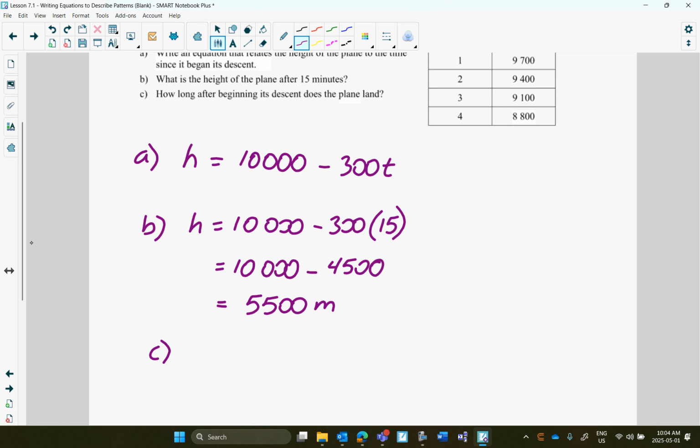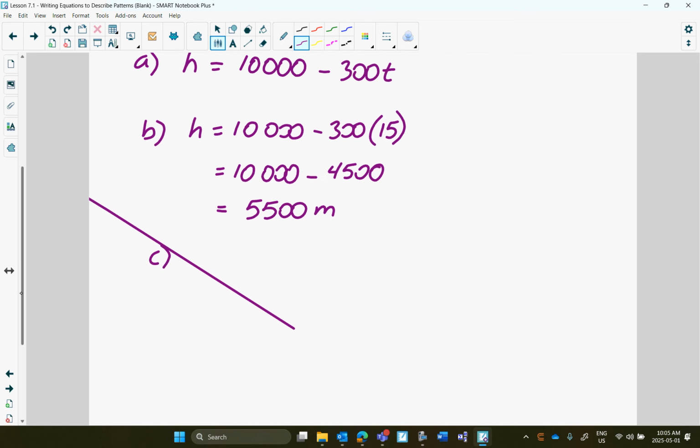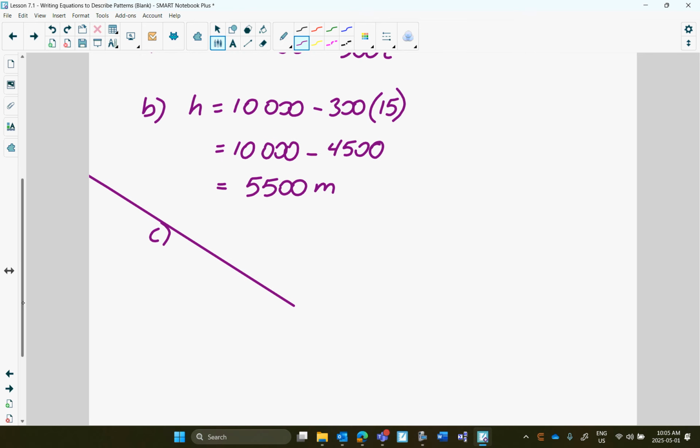So that tells us h is 0 and t is what we're trying to find. So I have to plug in 0 equals 10,000 minus 300t.